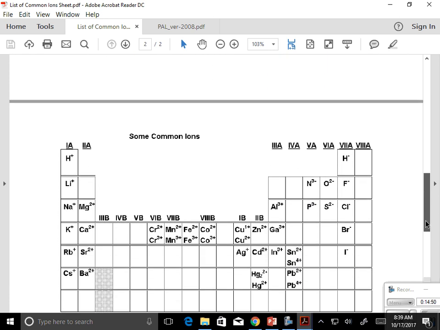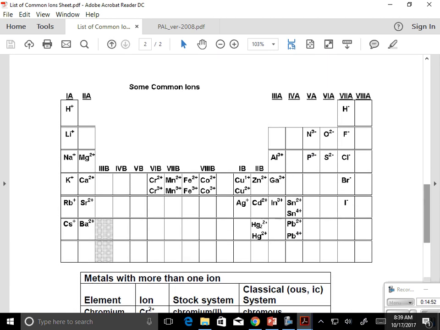And if you flip that over to the back page, I like this guy right here because it helps you associate some common charges and where they are on the periodic table. Okay, we said that the alkali metals are all plus ones. Look at the alkaline earth metals. What are they?